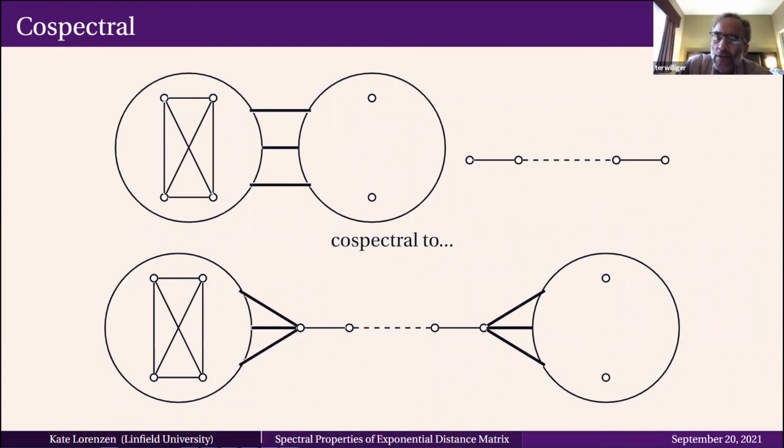More specifically, that exponential distance matrix is a linear combination of the all ones matrix J and this special primitive idempotent.